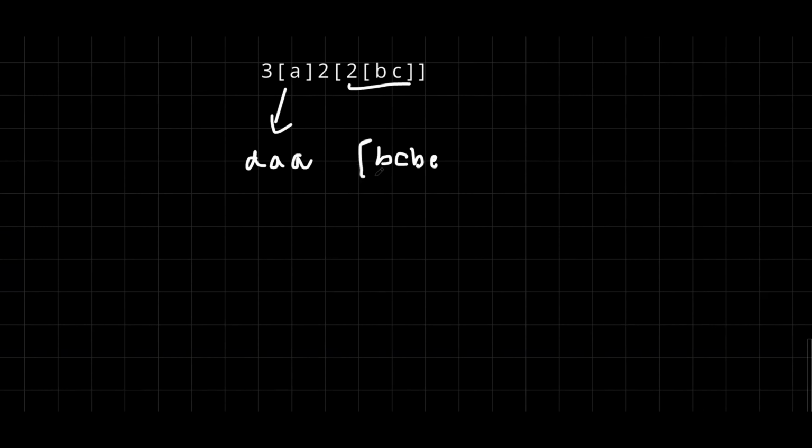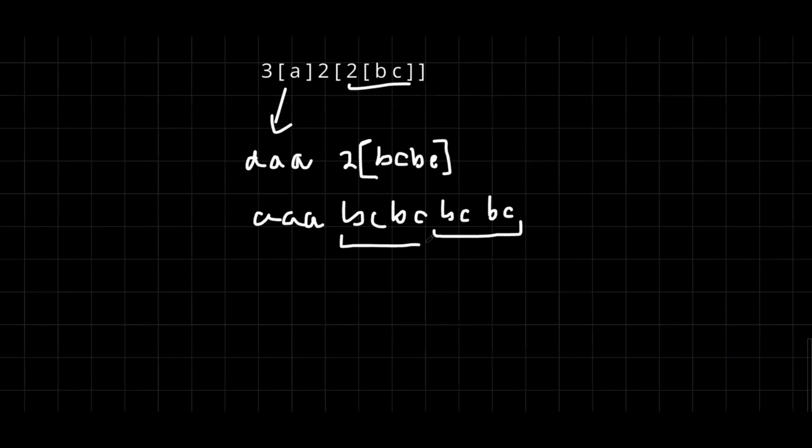Now, outside this bc, there is 3. So finally, it will become a, bc, bc, and a, bc, bc. There are 2 instances of bc in each. So this is the desired decoded version.